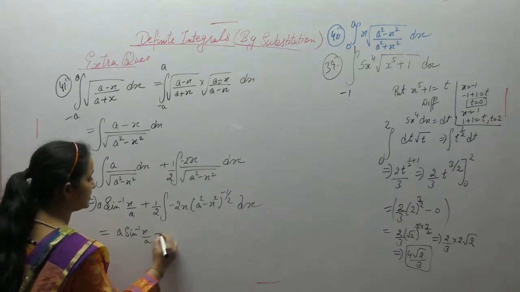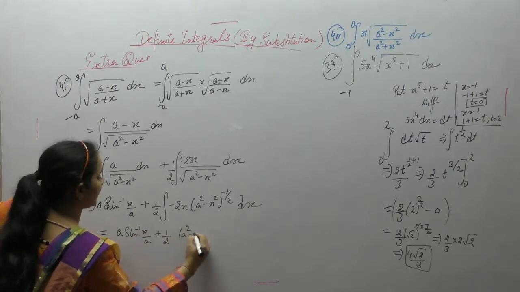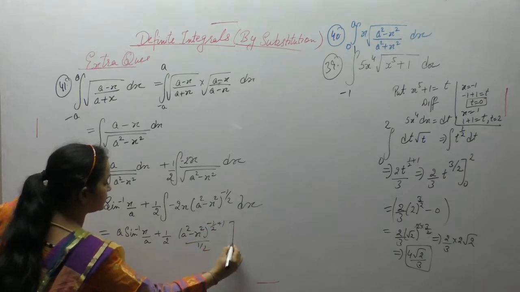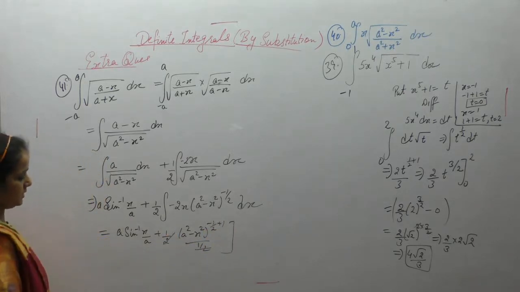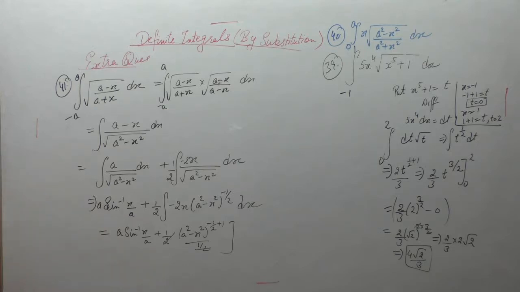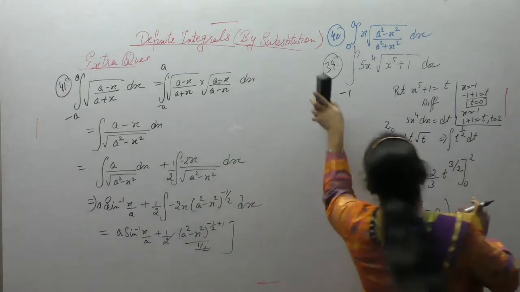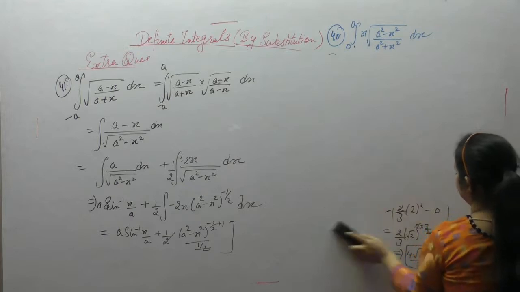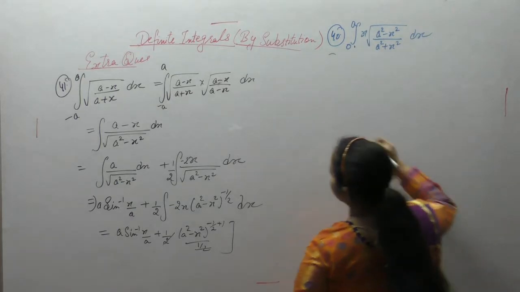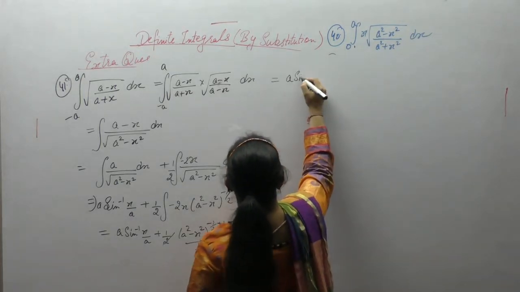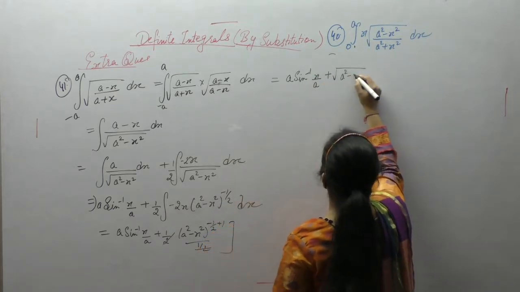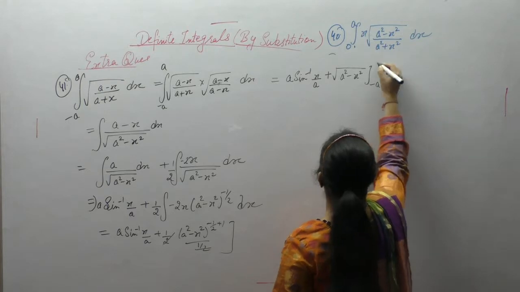F of x power n plus 1, minus half plus 1 is 1 by 2. So a sin inverse x upon a plus square root of a square minus x square.